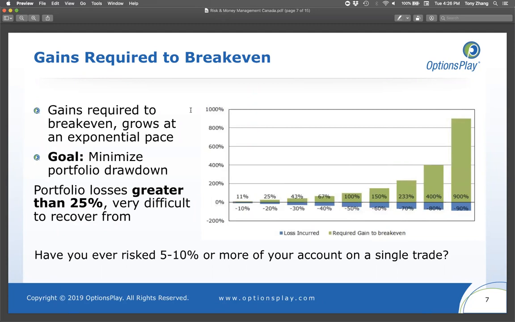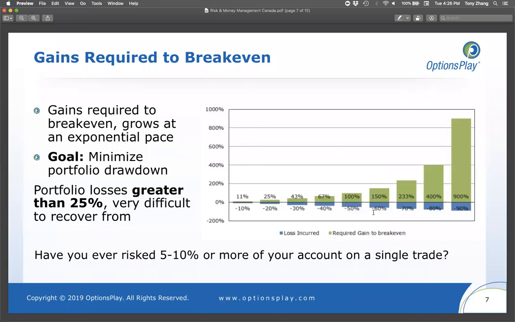One of the best ways to do that is to trade small size, because the gains required to break even grow at an exponential pace, even though the losses are growing at a linear pace. So the goal here again is to minimize your portfolio drawdown. As you can see, when I lose 10% of my portfolio, it requires an 11% gain to get back to break even. A 20% loss requires a 25% gain.